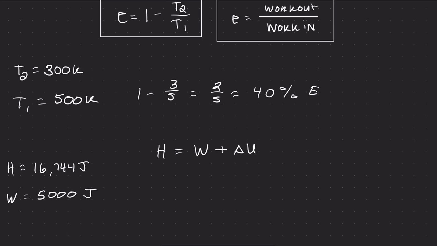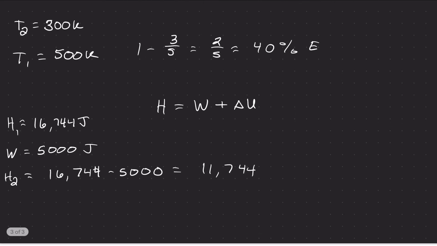And so we can find that the heat available to do work is going to be equal to the difference of these two. Basically we're just subtracting the W over. So 16,744 minus 5,000 equals 11,744, and this is expressed in joules.